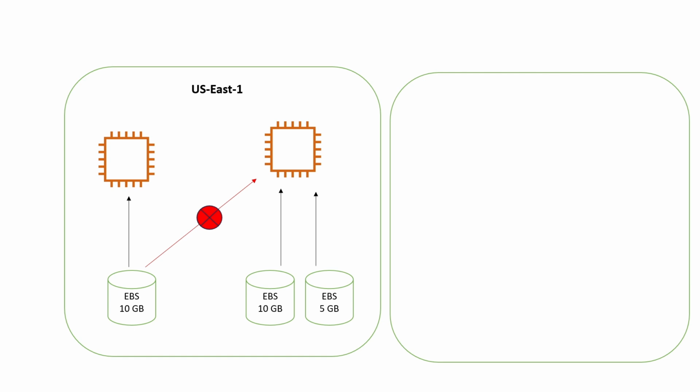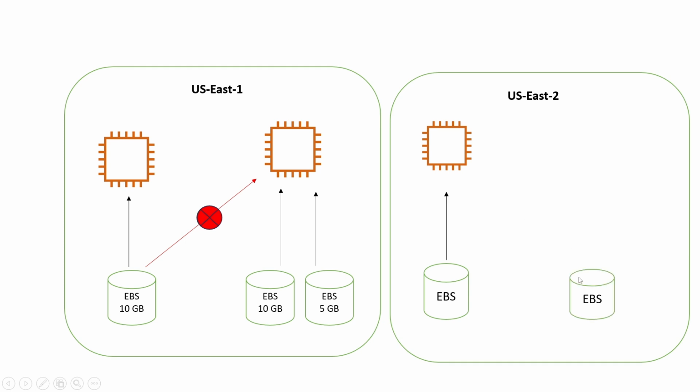Now similarly, assume we have another region, US East 2, and it should have its own EBS. It can have any number of unassigned EBS in any region, but EBS of one region cannot be used by another region. Now let's jump to the AWS console.